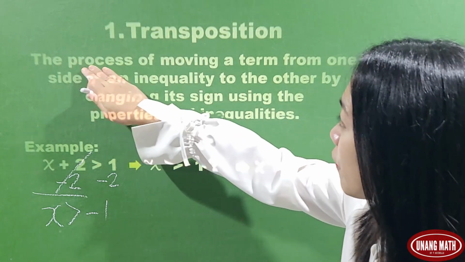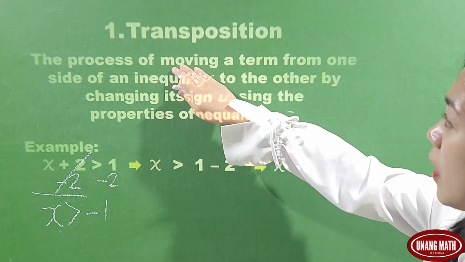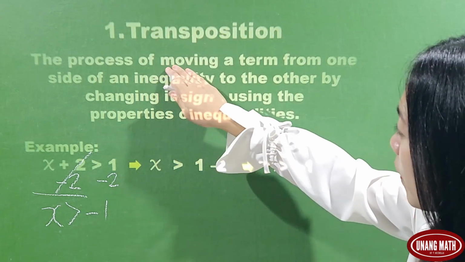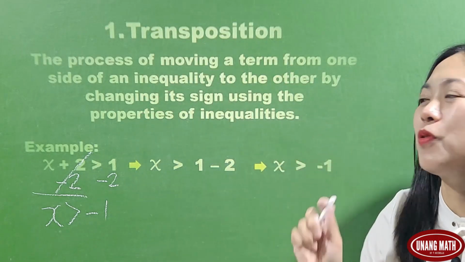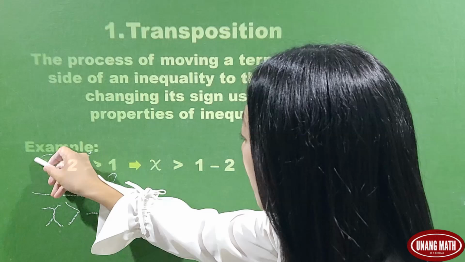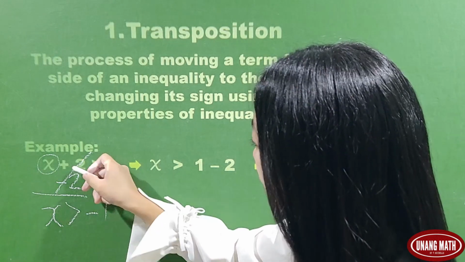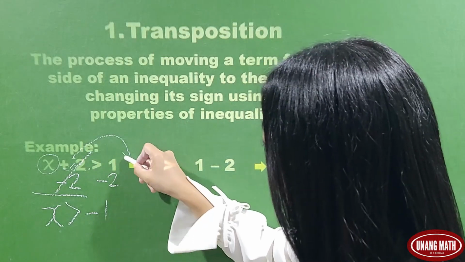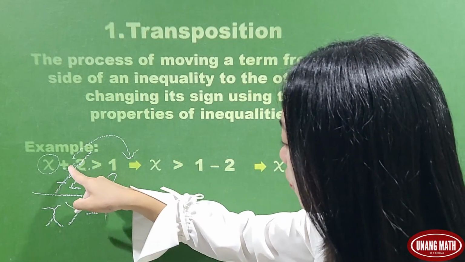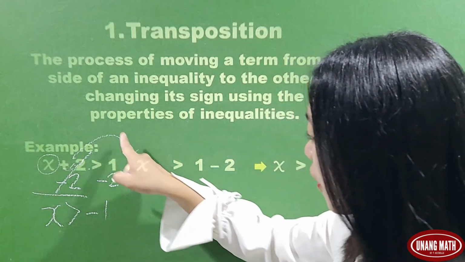Okay, if we follow the process of transposition, we will be moving a term from one side of the inequality to the other. Our aim is to find the values of x. So we have to remove 2 on this side. Using transposition, we will be transposing or moving 2 to the other side.